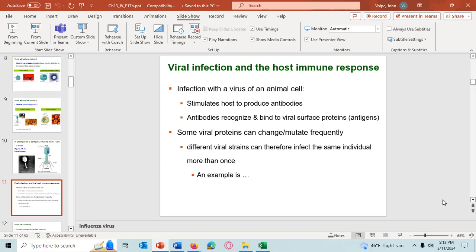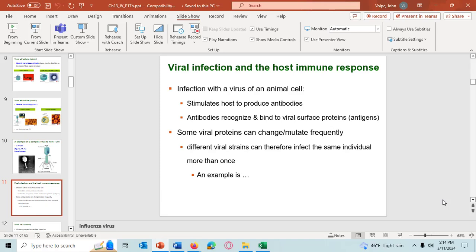An example of this is COVID-19. There are reports of some people being infected at least 6 times with COVID-19. And the reason is because COVID-19 tends to change and mutate fairly frequently. And so new strains come out, and then they can infect the same individual as what an earlier strain infected.